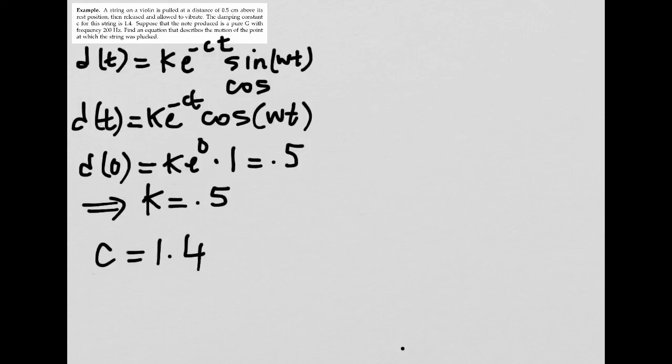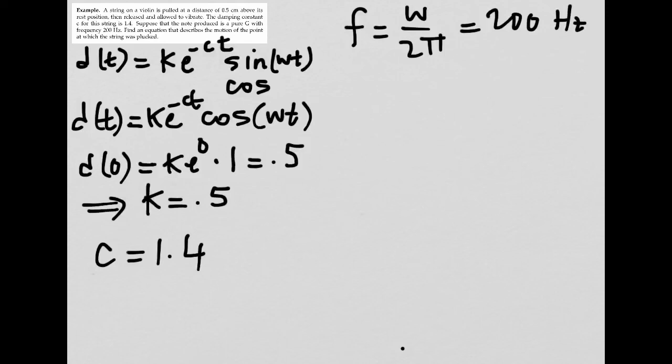We don't know omega, but we know that the frequency is omega over 2 pi, and that's equal to 200 hertz. Solving for omega, we get 2 pi times 200, that is 400 pi. So we're ready to write our equation.